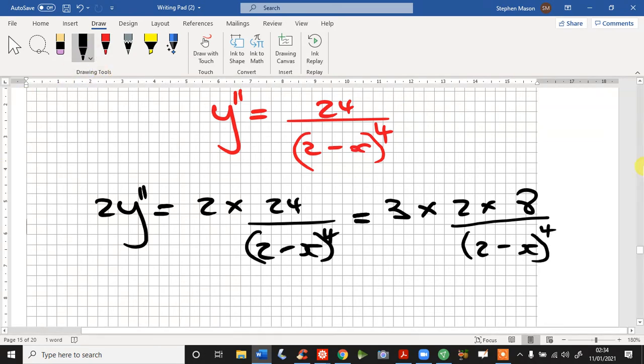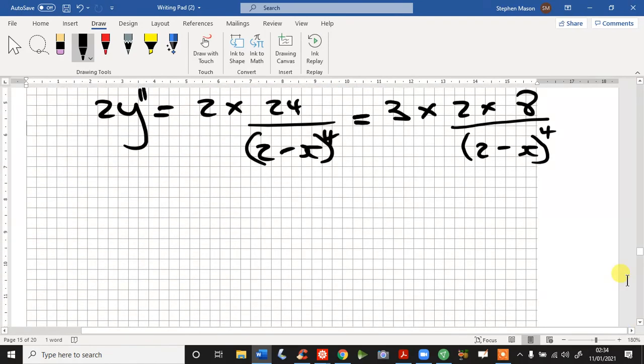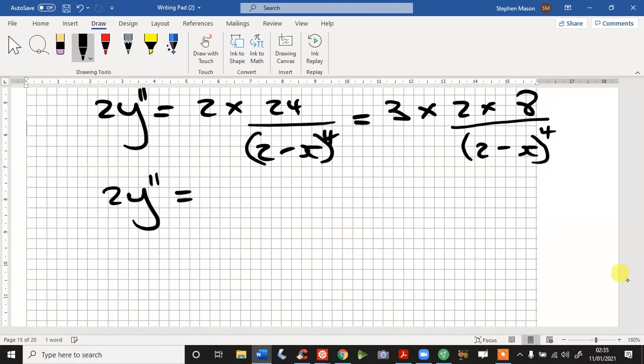Okay, well, how does this help us? Well, we'll write down 2y double prime again, and that's equal to 3 times, well, we've got 2 times 2 cubed there over 2 minus x to the 4. I'm sure you will agree with me that 2 cubed there is equal to 8, and there's our other 2.